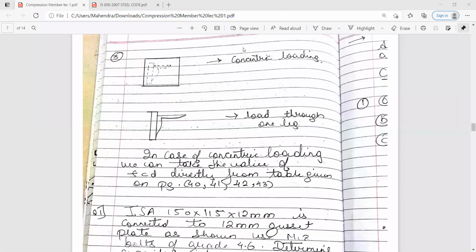Should we proceed with the sums? Everyone had done up till here? Yes, completed or not? Yes or no?